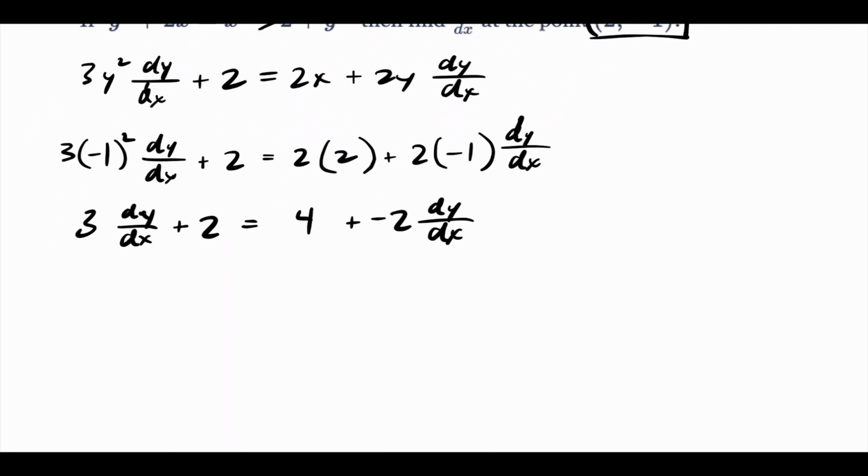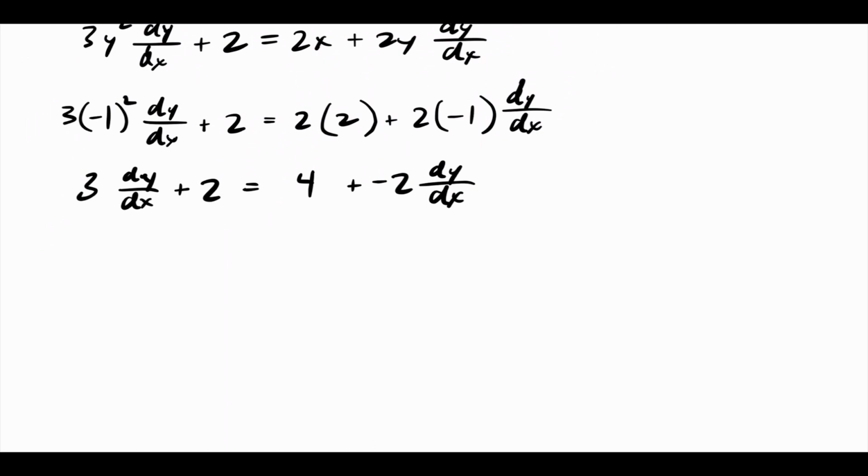Okay? So let's see. 3 has a dy dx. Negative 2 has a dy dx. I want to get those guys on the same side. Positive 2 and positive 4 do not have a dy dx. I want to get those guys on the same side. Okay? Subtract 2 from both sides. Add 2 dy dx to both sides.